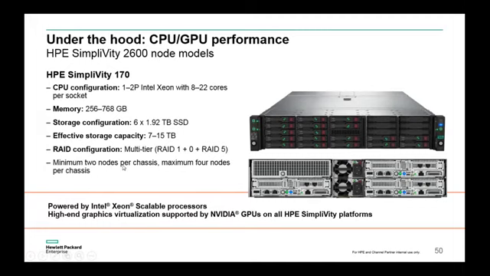It's a minimum of 2 nodes per chassis, maximum 4 nodes per chassis. If we go with the server 190, it will be 2 nodes, or with 170, it will be 4 nodes per chassis.